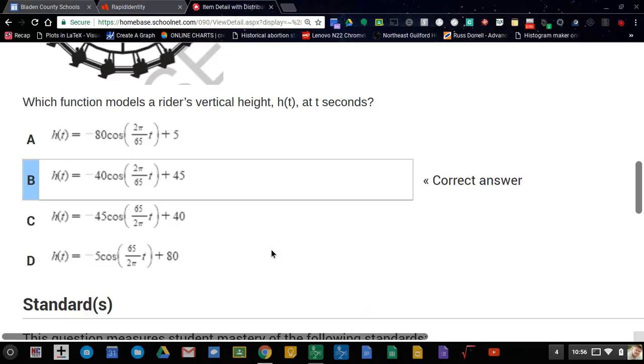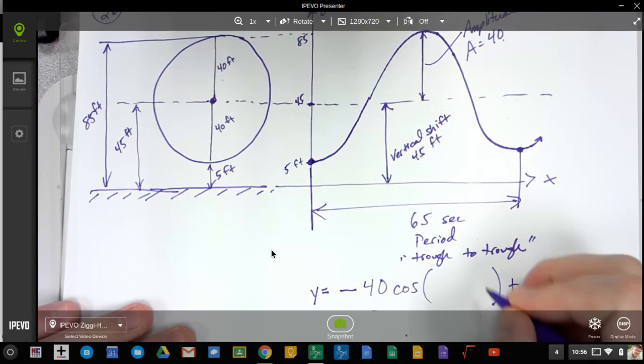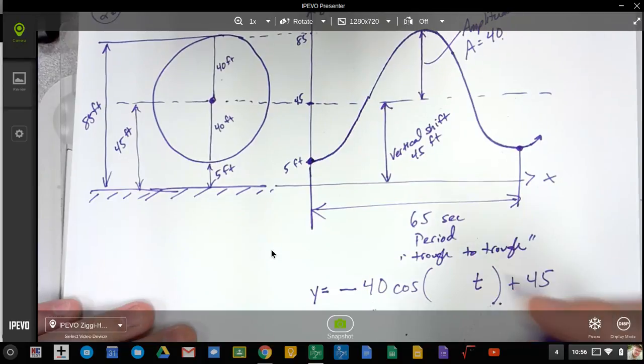Now, what goes inside? I know I'm plugging in time. And I know for one complete cycle, I want it to equal 2 pi. So when I plug in a 65 for t, I need the quantity here to equal 2 pi, right? So the only way to plug in t equals 65 and get 2 pi is to actually put 2 pi over 65, okay?